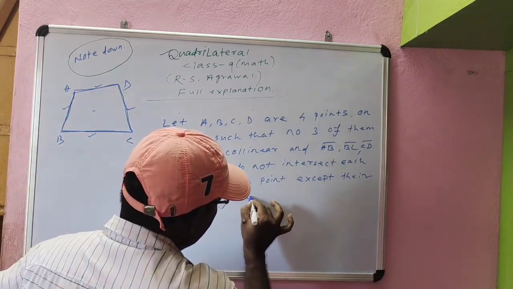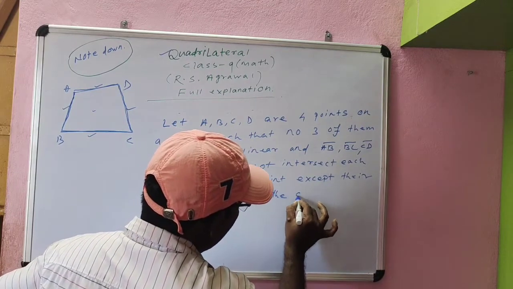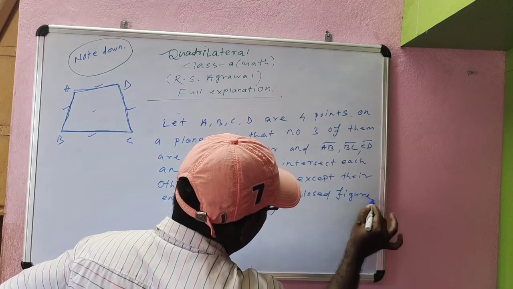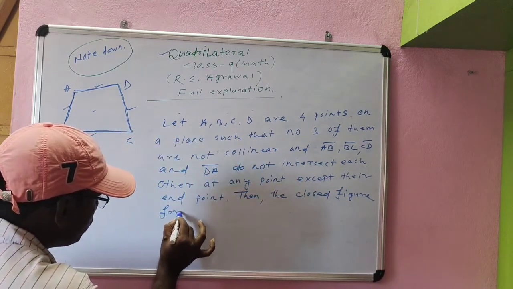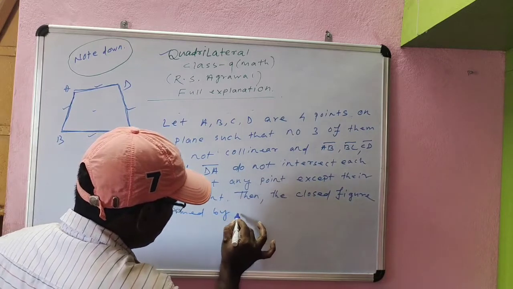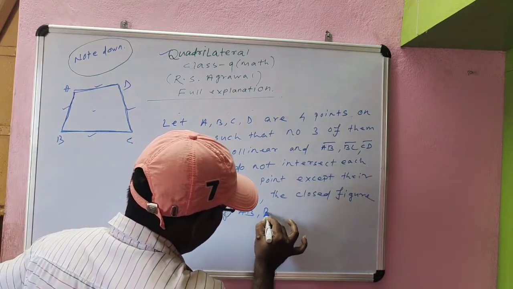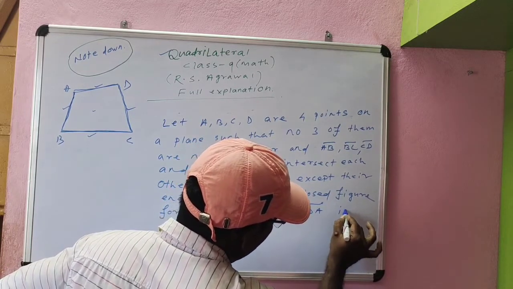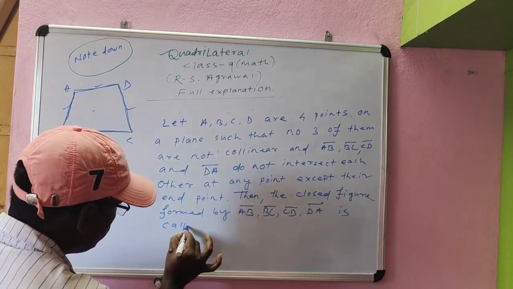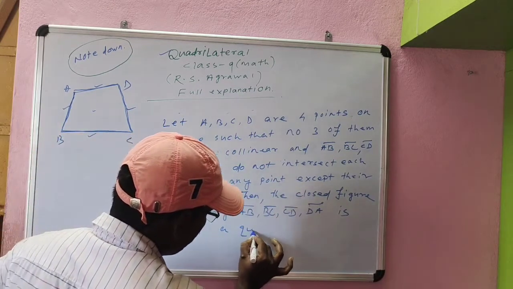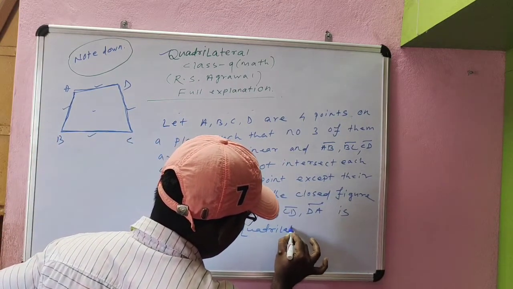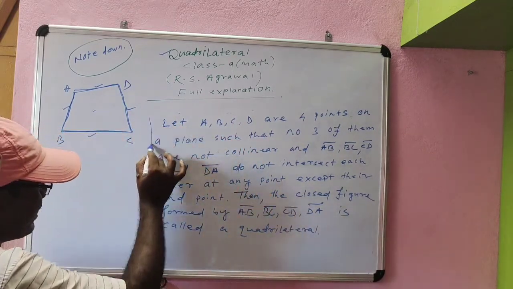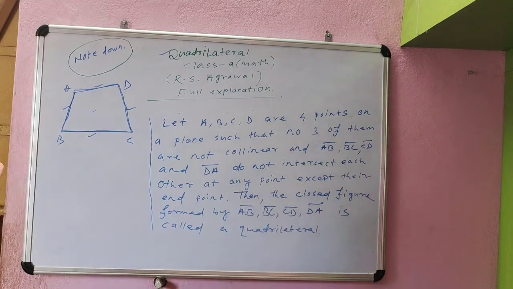Then the closed figure formed by line segments AB, BC, CD, DA is called a quadrilateral. So this is the actual definition of quadrilateral given by the mathematicians.